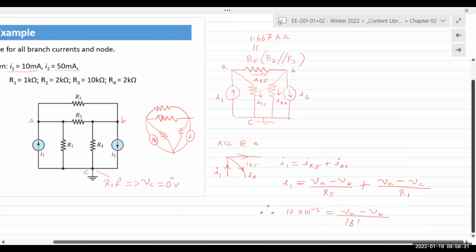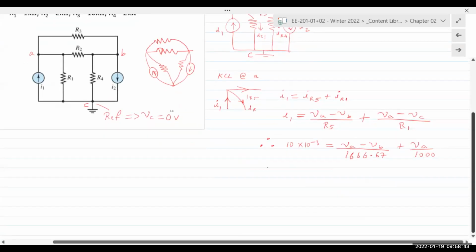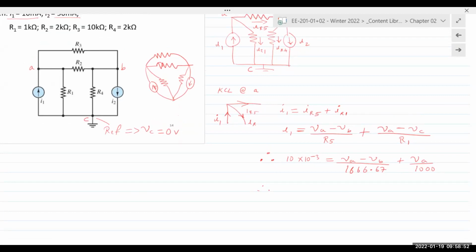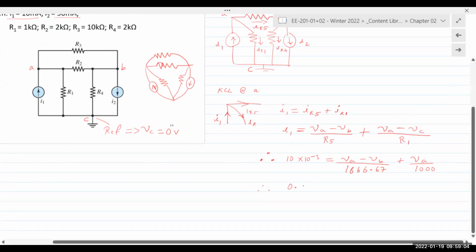R5 was 166.67. VC is 0, so it simply becomes VA over R1. R1 is 1000. I reduce it and I get, what do I get? I have to perform 1.667 times. This gives me, this will be 0.01.